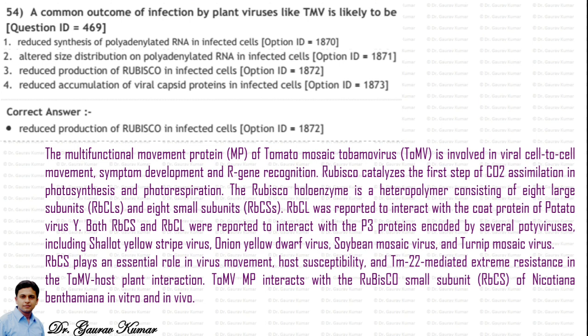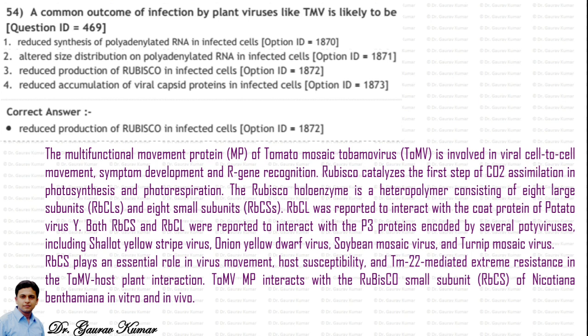Again, the multifunctional movement protein of tobamovirus is involved in viral cell-to-cell movement, symptom development, and R gene recognition. So tobacco mosaic virus MP, that is movement protein, has three functions. It does viral cell-to-cell movement, it causes symptom development, and it is also involved in resistance gene recognition of the host. So Rubisco catalyzes the first step of CO2 assimilation in photosynthesis and photorespiration.